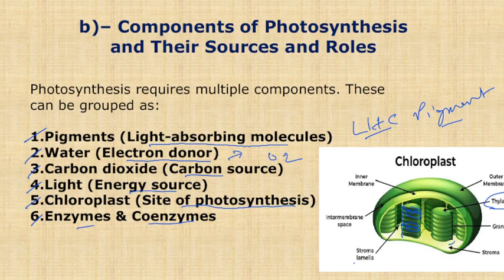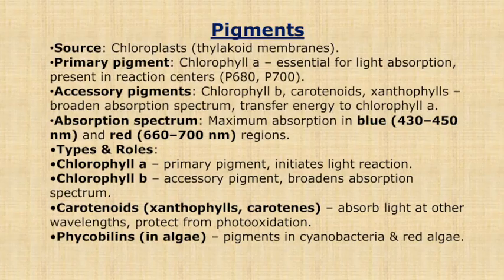Whereas the liquid matrix present inside the chloroplast is known as the stroma. This is the site for the dark reaction. So the thylakoid is the area where the light reaction is taking place, and the dark reaction is taking place inside the stroma of the chloroplast.